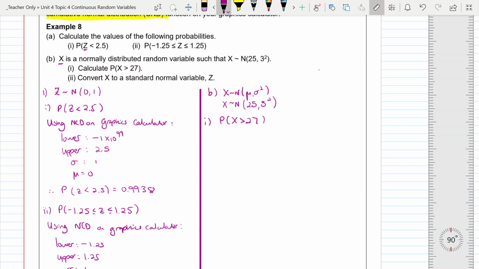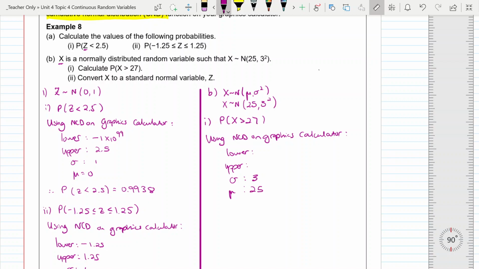Well, now we're working with the variable X. It's no longer the variable Z. So we're going to use NCD on the graphics calculator. And our lower value, upper value, sigma and mu. Well, we know that our sigma is going to be 3 and our mu is 25.